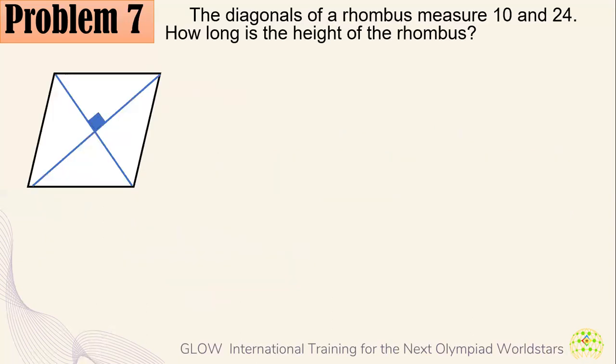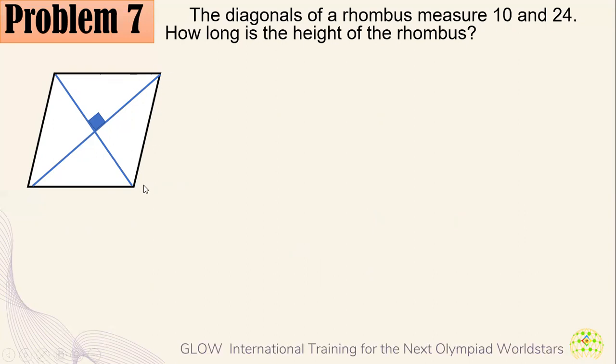So we can do it this way. When we speak about the height, it's about this length here. How far is this from this one, or how far is this from the other one as well?